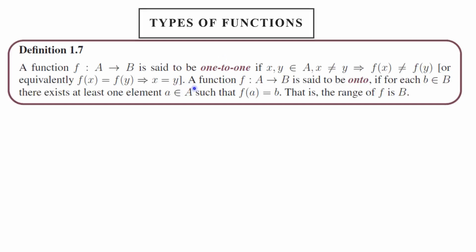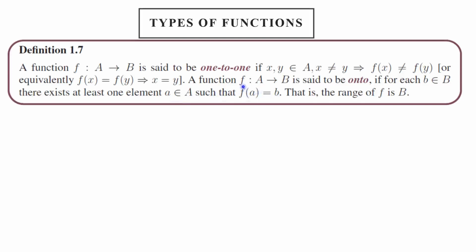Next one: a function f from A to B is said to be onto if for each b belongs to capital B, that is, b is an element and this capital B represents the name of the codomain, there exists at least one element a belongs to capital A such that f of a equal to b.